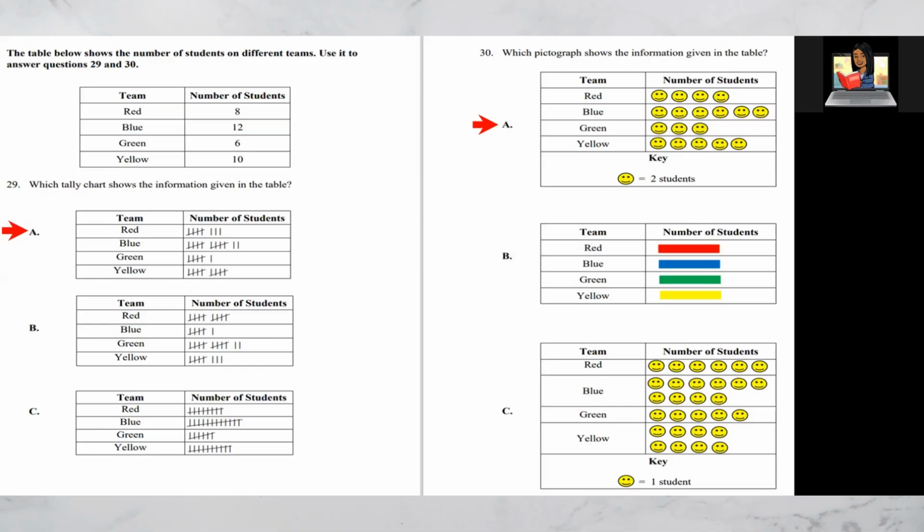So we go back to the table and we see that the red team has 8 students. And we see in the key for option A that 1 smiley face equals 2 students. So 2, 4, 6, 8. This is how we are sure now that option A is the answer.